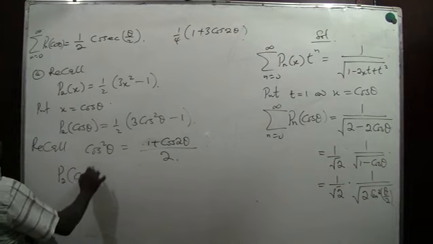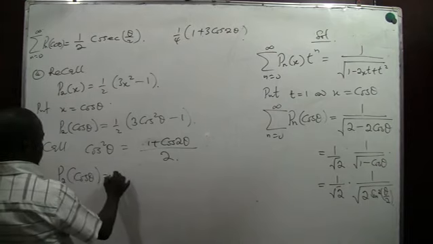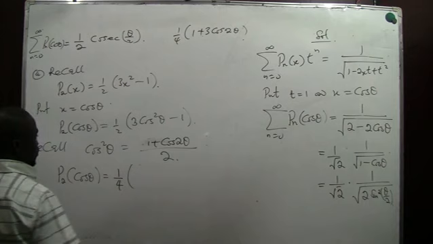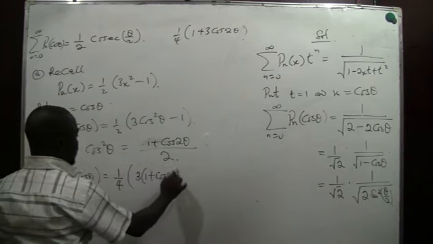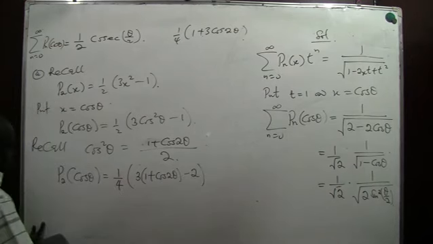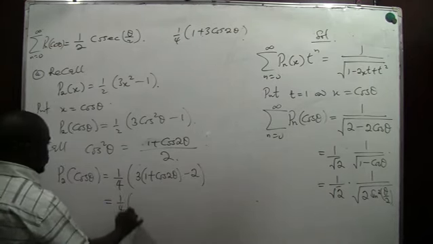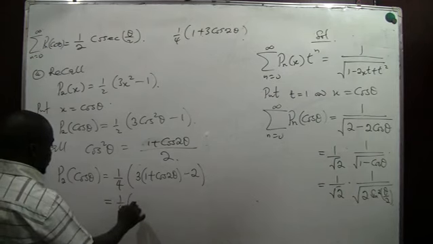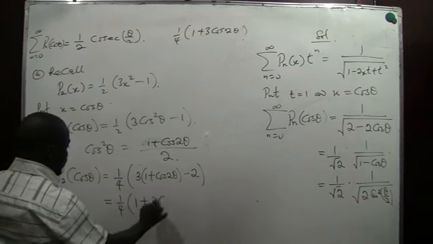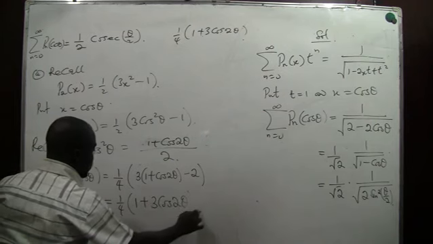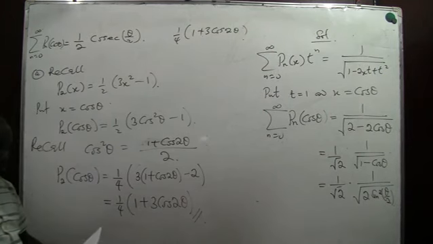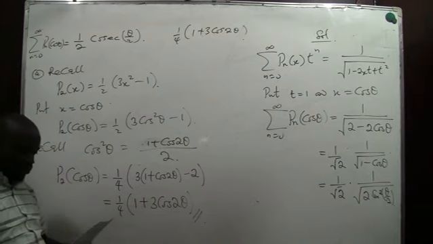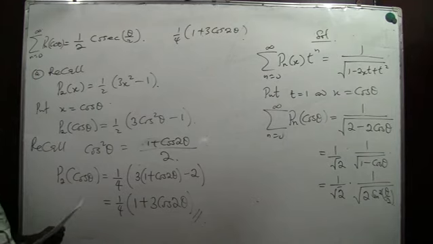P2 cos theta becomes 1/4 into 3 bracket 1 plus cos 2 theta minus 2, which will give us 1/4 into 3 minus 2, 1 plus 3 cos 2 theta, which is what the question asks us to establish. And that is the solution of question number 5. Let's take more questions.